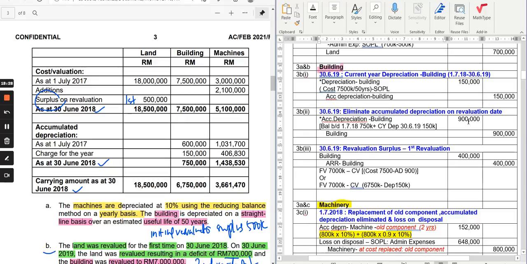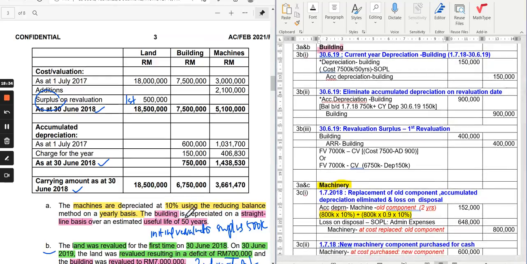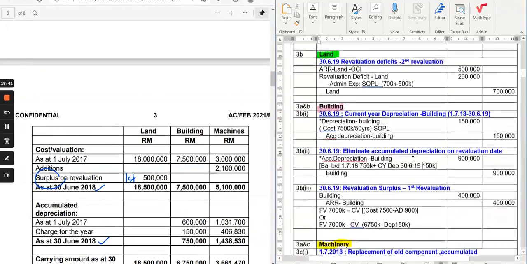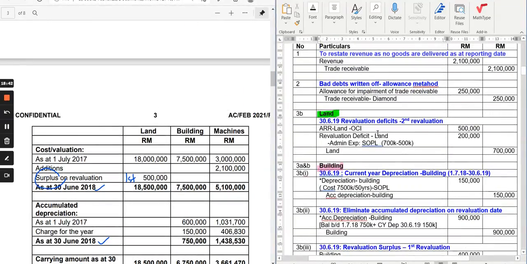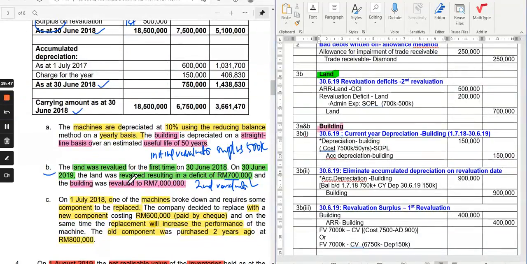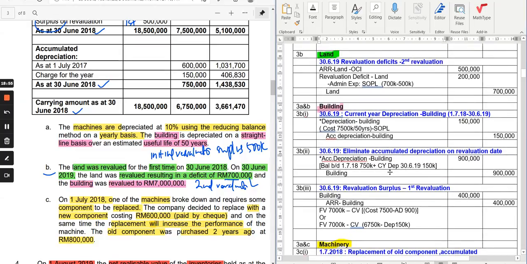Okay. Now you will do the second revaluation for the building. So we are dealing with the building, right? The building. Land, no problem. We have already done the adjustment for land just now, right? Now we are doing for building, where the revaluation was 7 million. And this is the first revaluation for building.